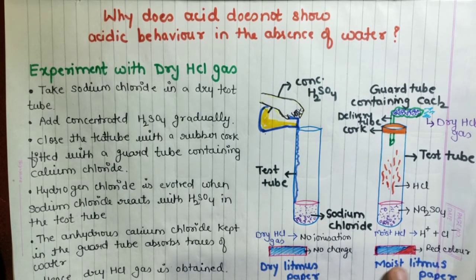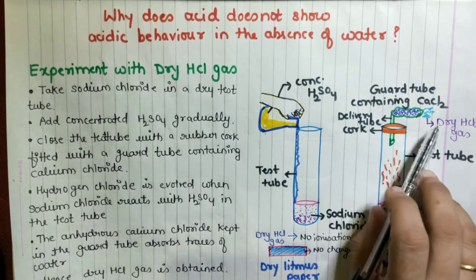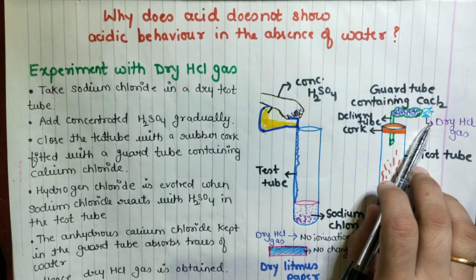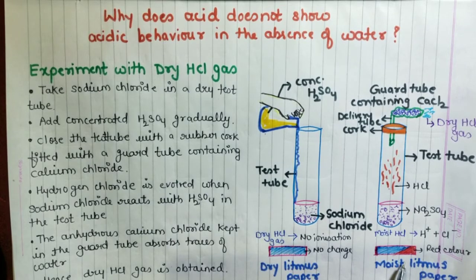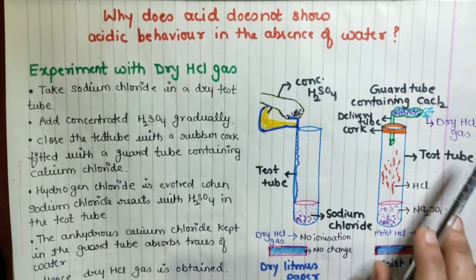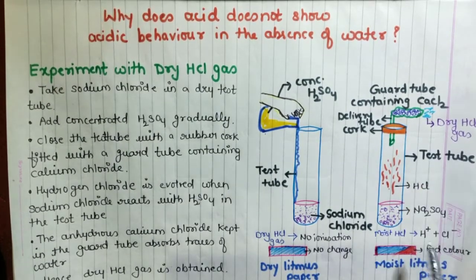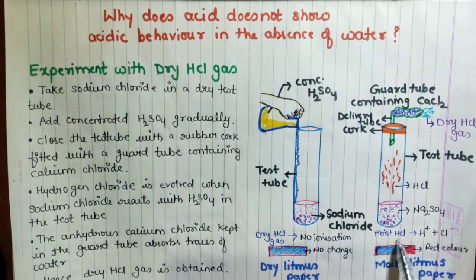Now if we bring this litmus paper towards the mouth of this test tube, then what will happen? The gas is still dry, but your litmus paper is now moist. So it will absorb the water, and in the presence of water only, this HCl will ionize into H plus and Cl minus.